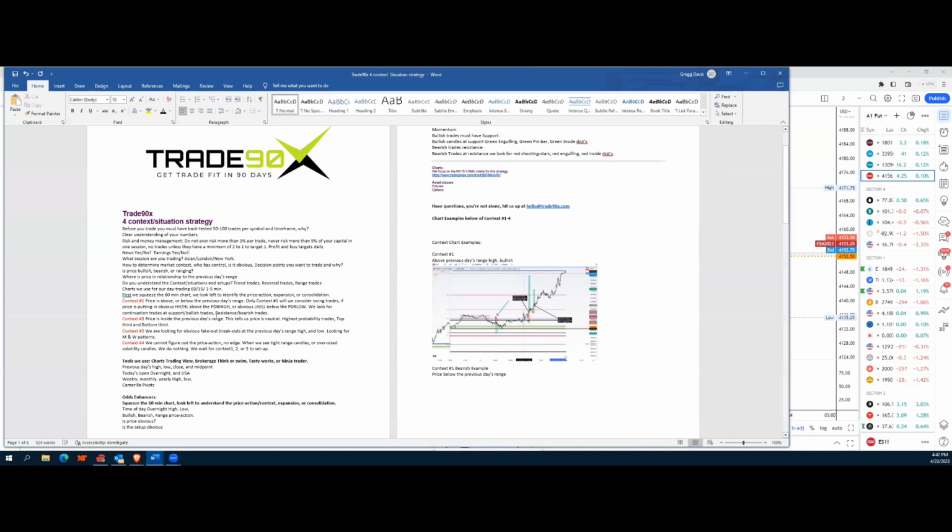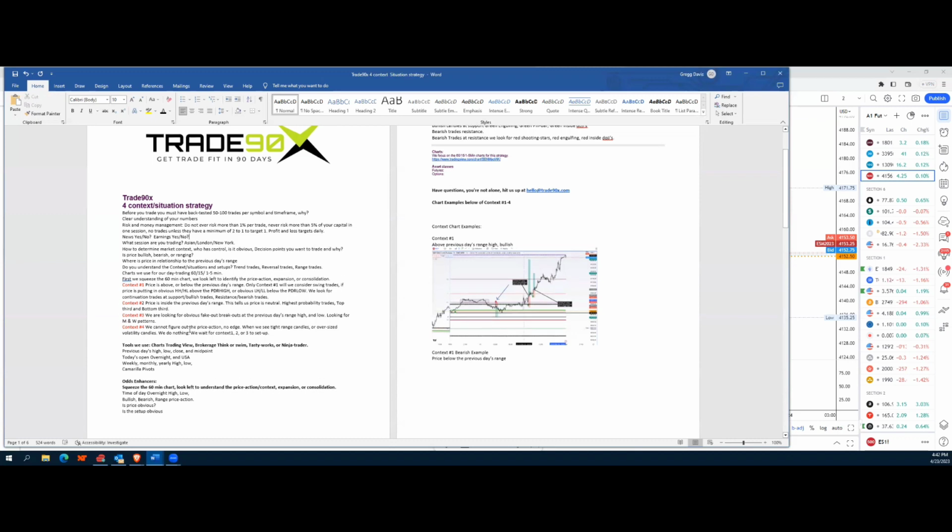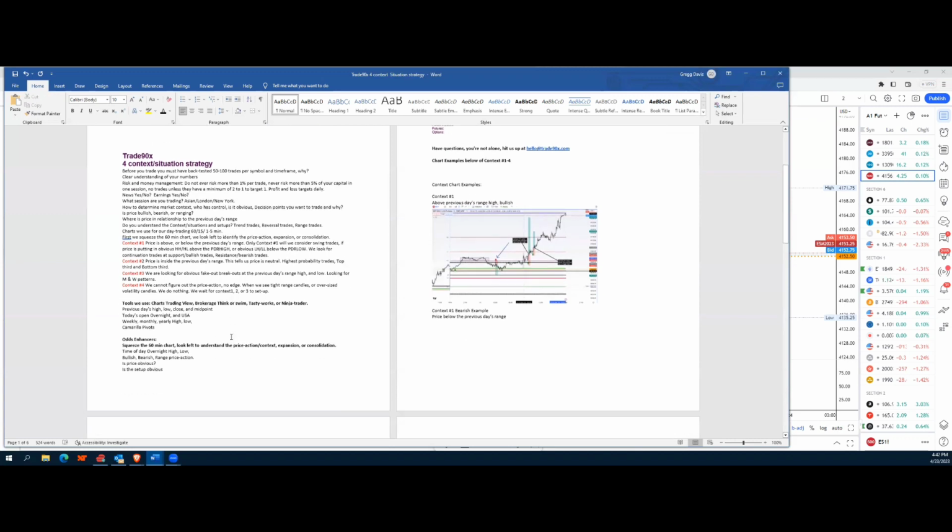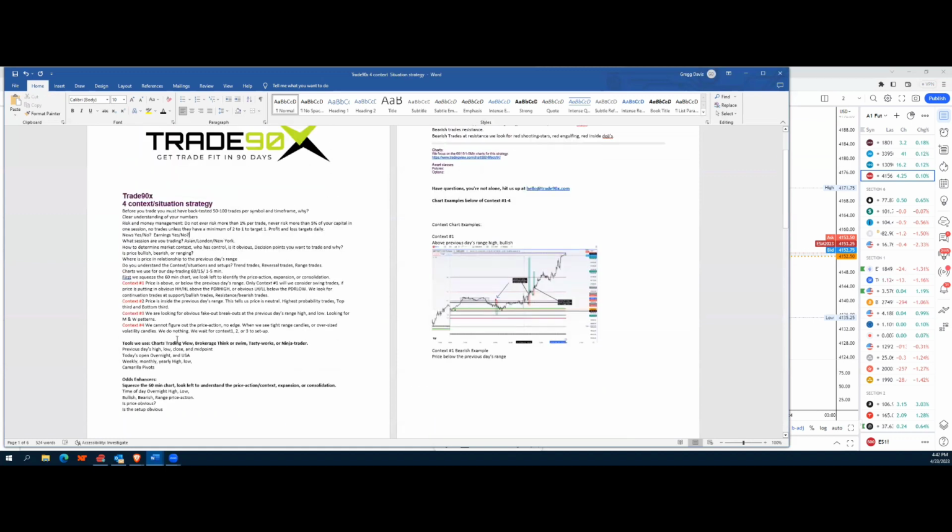All right, now, before I get to the context 1, 2, 3, and 4, let me just go over the tools that we use and odds enhancers, and then we'll get to the charts. So the tools we use, and again, this handout will be downloadable for everybody that is interested in this four context situation strategy.